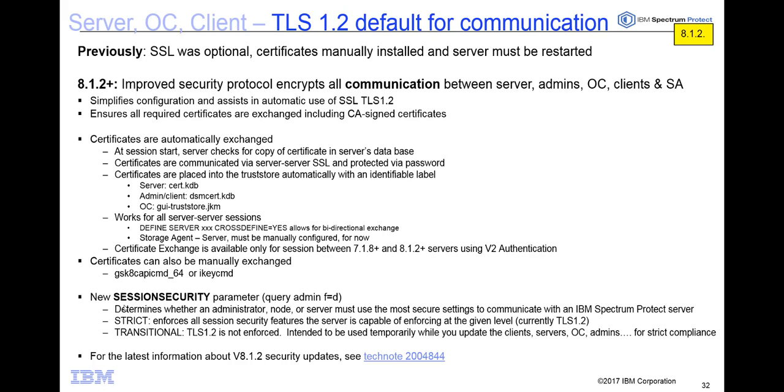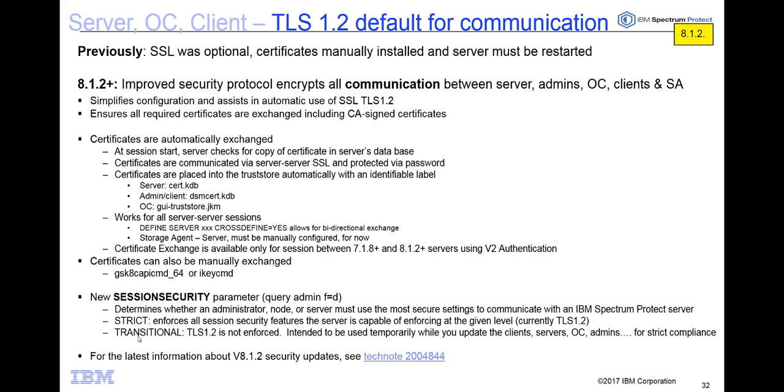And this session security is going to either be set as strict or as transitional, and it basically determines whether that entity, whether it's an administrator, a node, or a server, must use the most secure settings to communicate with the Spectrum Protect server. And currently the most secure settings would be TLS 1.2. Maybe in the future it'll be TLS 1.3 or whatever else comes down the road.